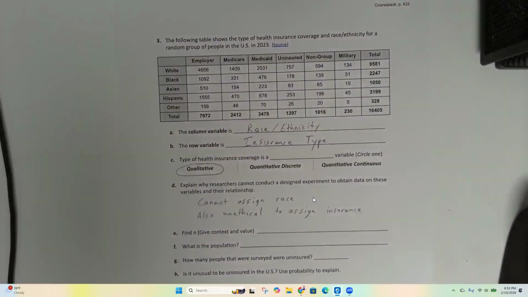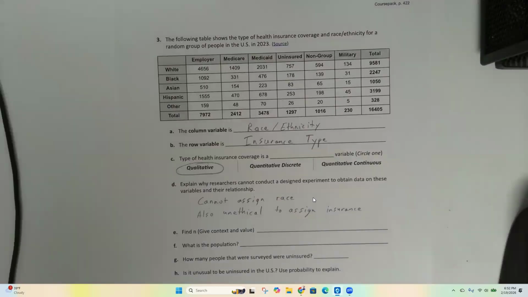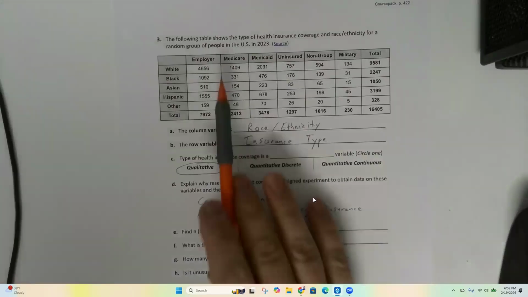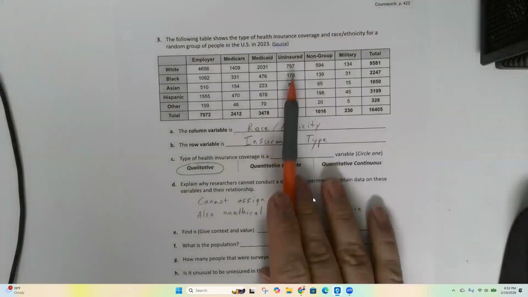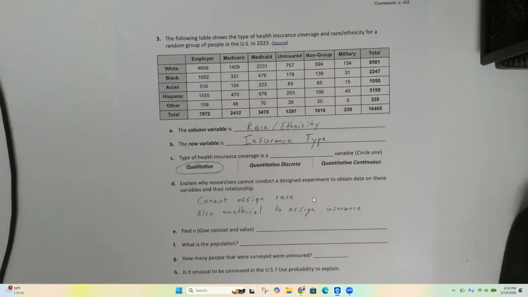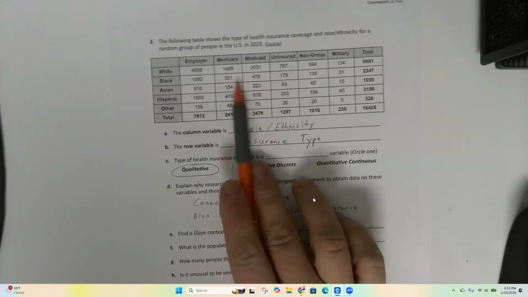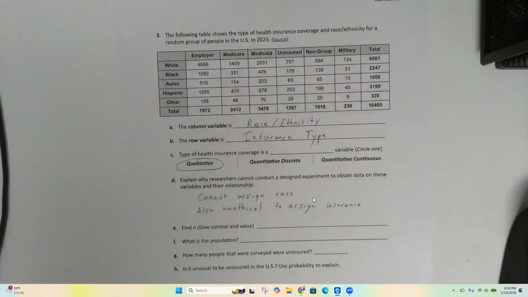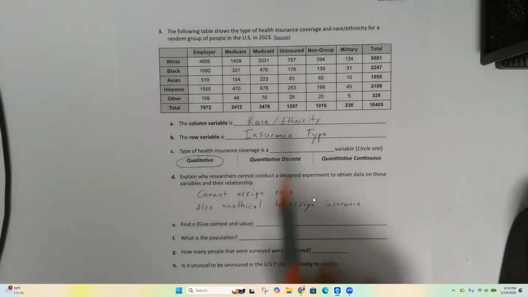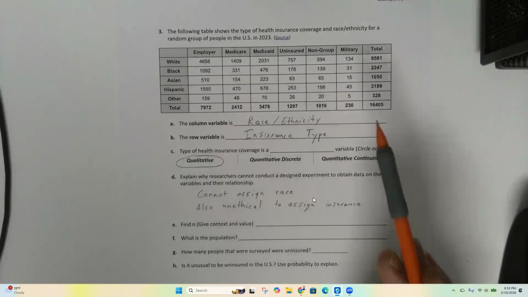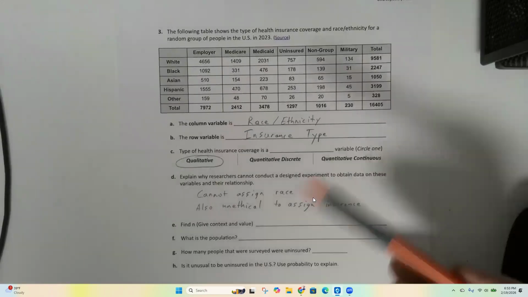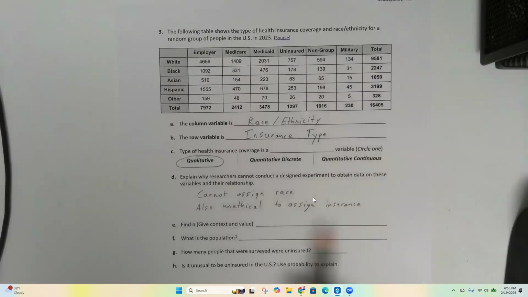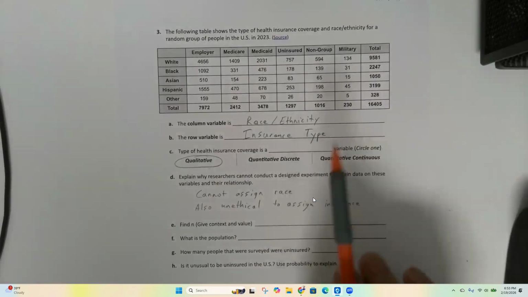I can't get a group of people together in a sample set and say, okay, you're going to have Medicare and you're going to have Medicaid and you're uninsured. Sorry, you are now uninsured, right? I don't think you can even qualify for Medicare or Medicaid unless you meet certain requirements. So you can't just do that. You can't say, all right, we're going to randomly assign you to military insurance, even though you're not in the military. So this cannot be done as a designed experiment.